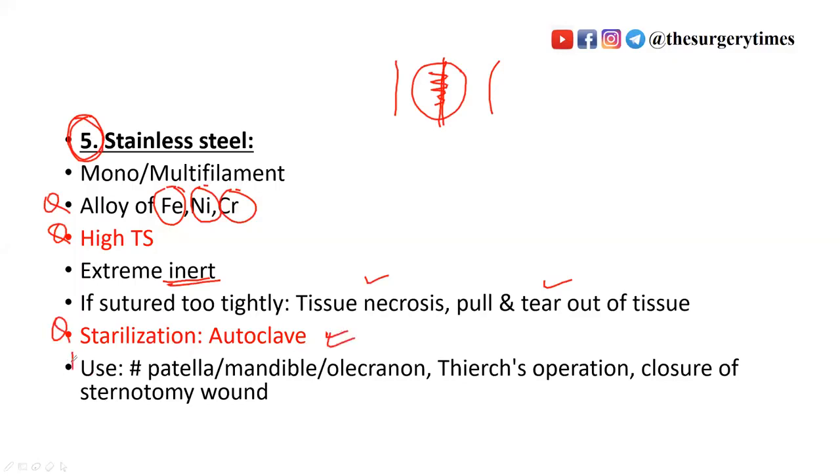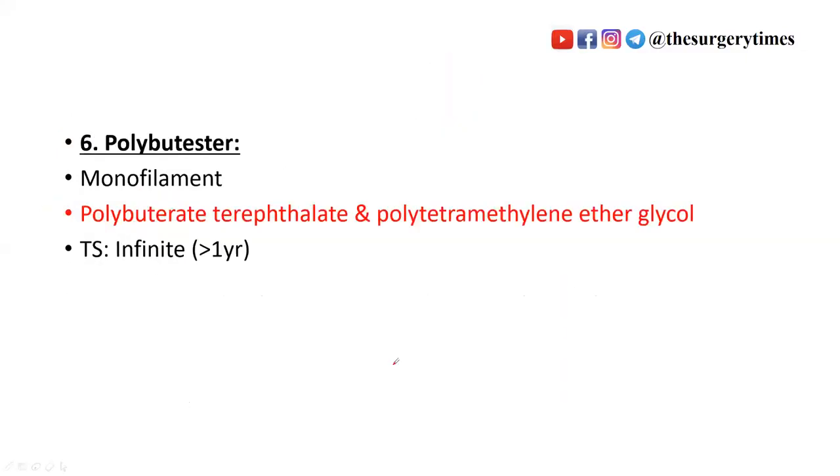As I said, it is used in open heart surgeries for medial sternotomy closure, along with patella, mandible and olecranon fractures. Now the last one is polybutester. It is monofilament, and only 2 points you have to remember.